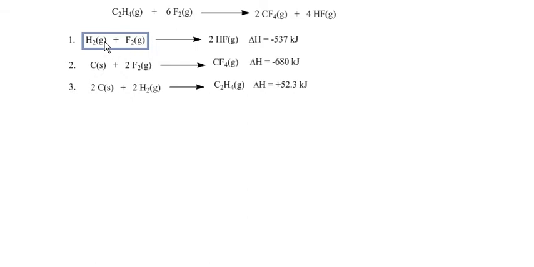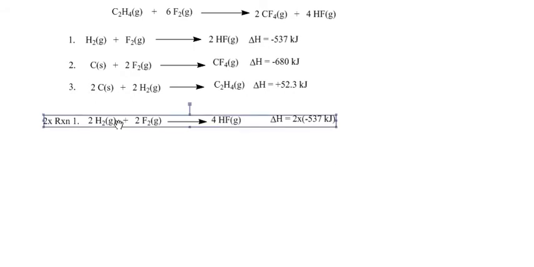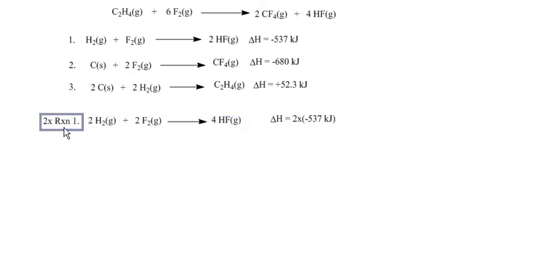In order to do that, we're going to have to multiply this reaction by 2. So we take reaction 1 and we multiply it by 2. When we multiply reaction 1 by 2, not only do all of our chemicals get multiplied by 2, our reactants and our products, but the delta H value gets multiplied by 2.